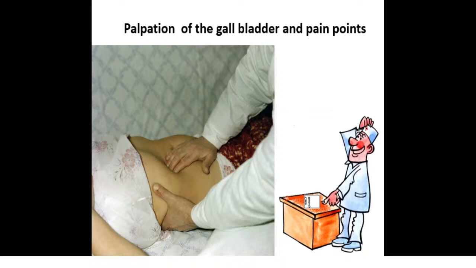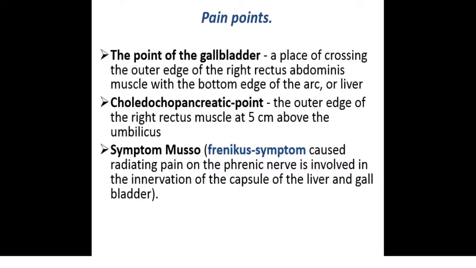And we can palpate the gallbladder point. The point of the gallbladder is at the costal arch and the external edge of the rectus muscle. There are many pain points. The point of the gallbladder is at the rectus muscle and costal arch.